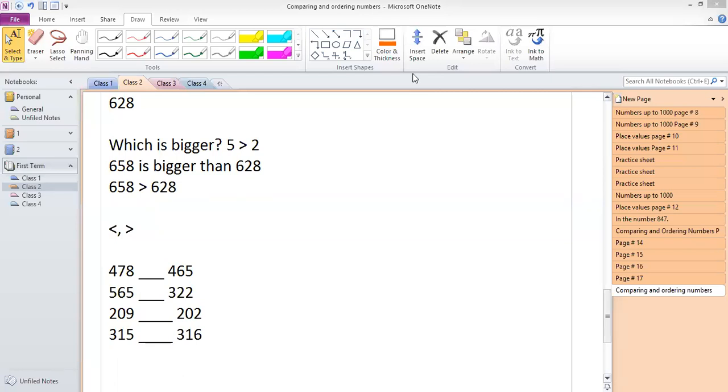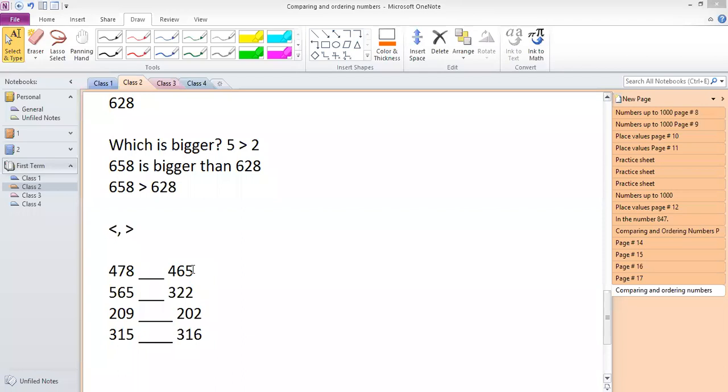Or should I do this first for you? Should I write a sign between 478 and 465 to show you, or can you do it by yourself? Guys, you have to tell me what sign.